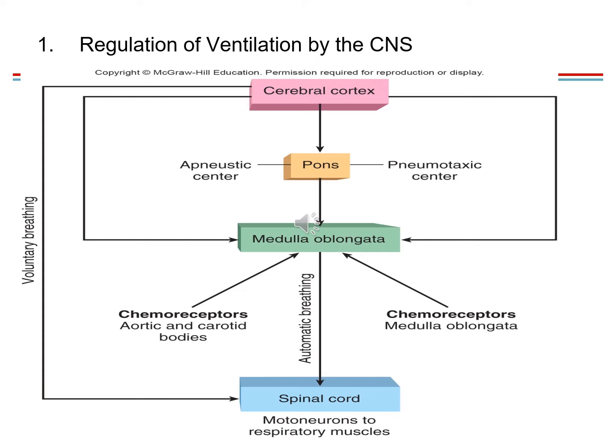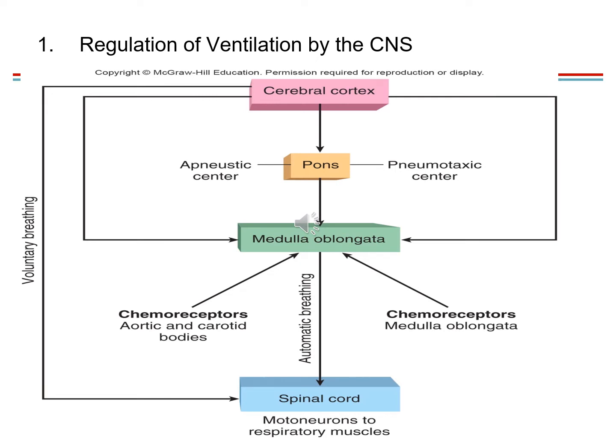However, involuntary breathing is directed by the levels of carbon dioxide, hydrogen, and oxygen. It depends on one or the other one, and I'm going to explain later on. The cerebral cortex is informed about those levels through the chemoreceptors.